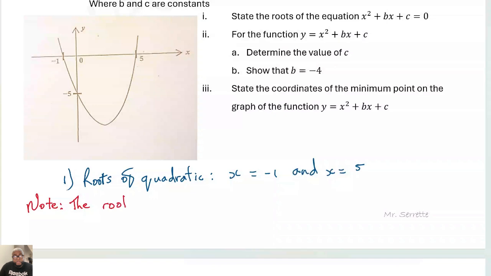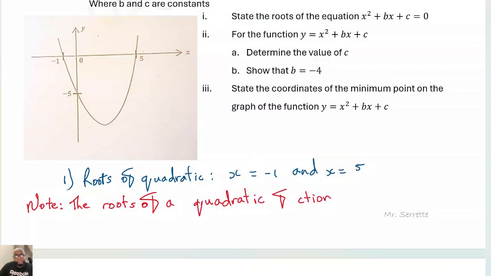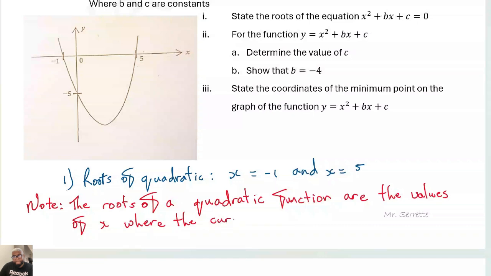The roots of a quadratic function are the values of x where the curve cuts the x-axis, all right?